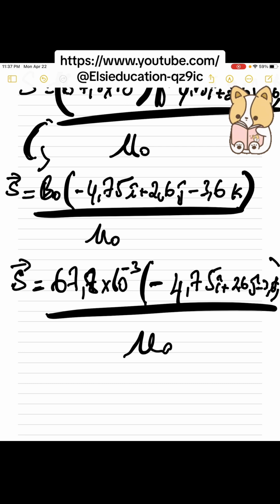So y negative 6.7 was 6.7 minus 3 multiplied by 4.75.